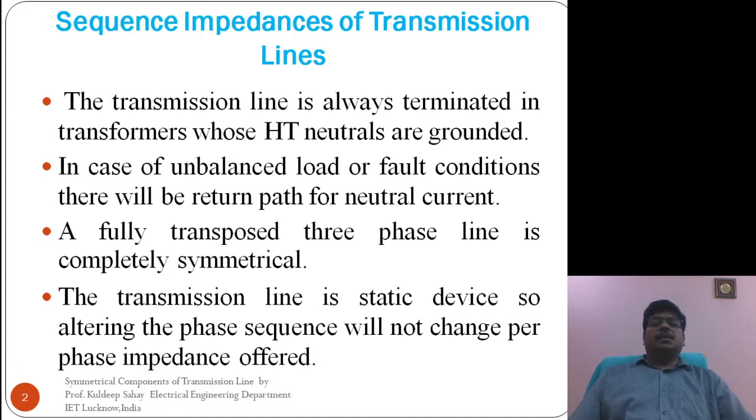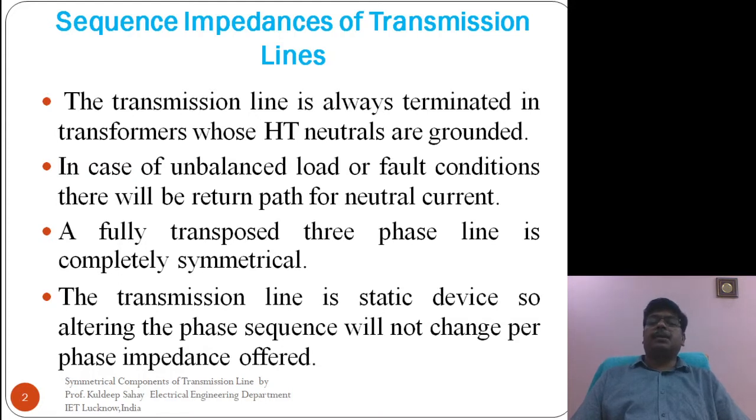Normally the transmission lines are fully transposed. If the transmission line is not fully transposed, then it will not be completely symmetrical, and the mutual inductance between different phases of the line will be different.